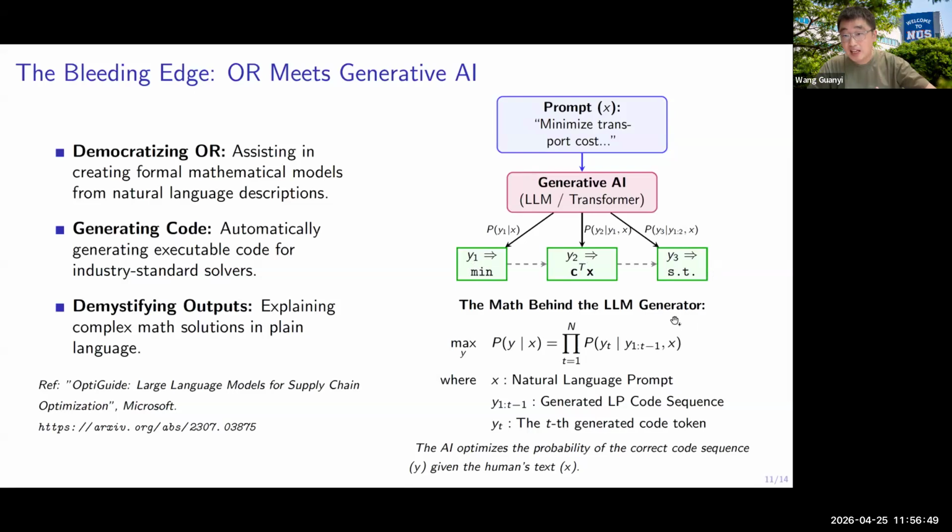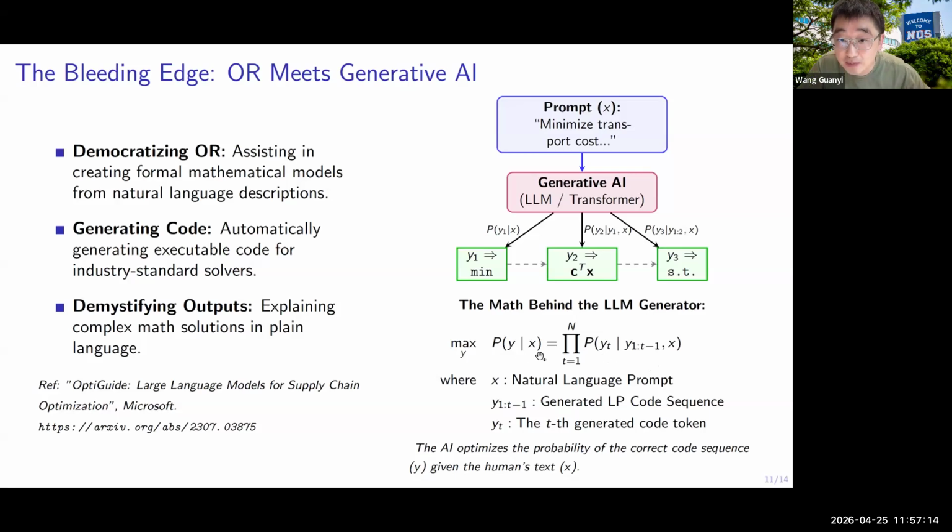Then the math behind the language model generator could be formulated into this maximization problem. If you have studied probability and statistics, you might realize that this corresponds to the likelihood.